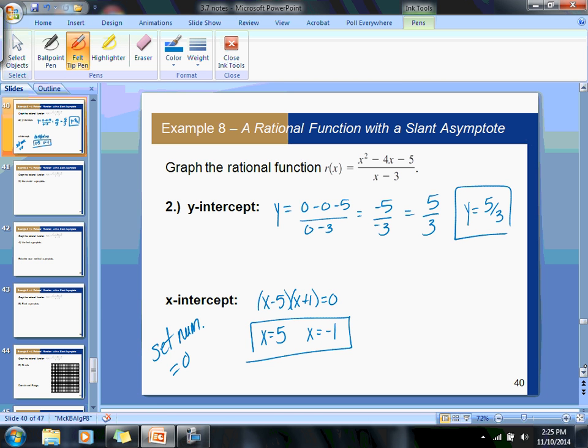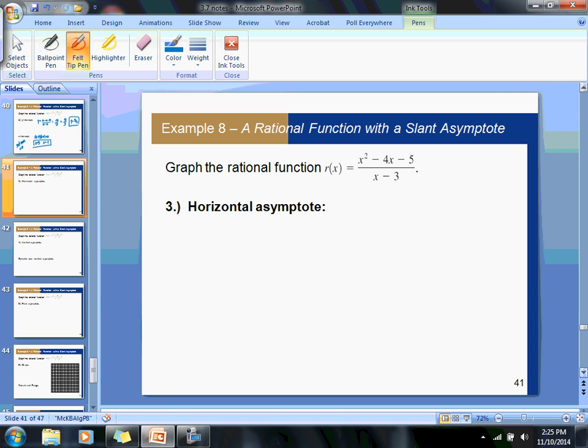Now remember, there's a connection between our x and y intercepts and our horizontal and vertical asymptotes. But we'll just focus on the horizontal asymptote for now. Remember, for the horizontal asymptote, we have three characteristics. If the degree of the numerator is equal to the denominator, then you write a ratio of the lead coefficients. I don't have that. The degree of my numerator is 2, the degree of my denominator is 1.